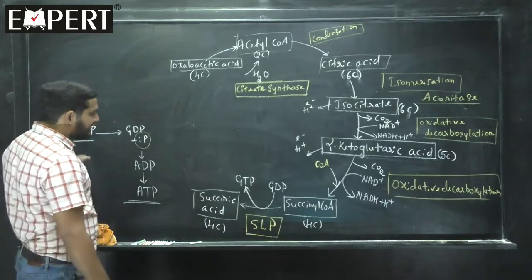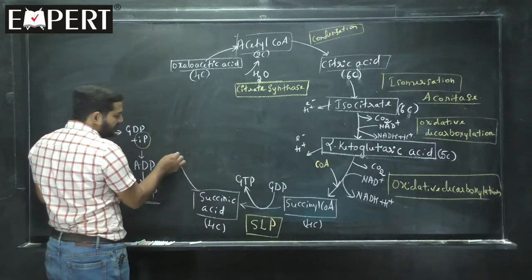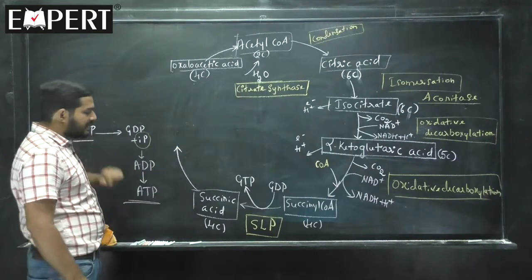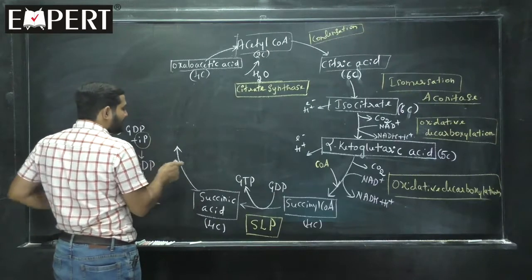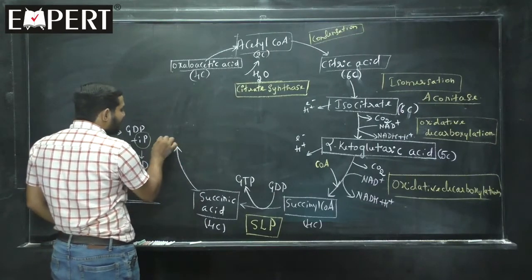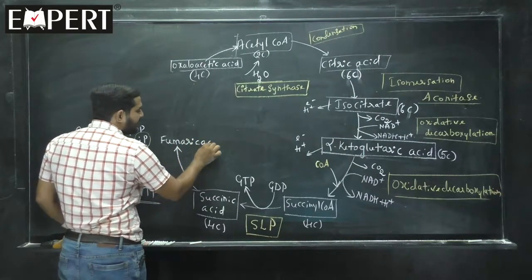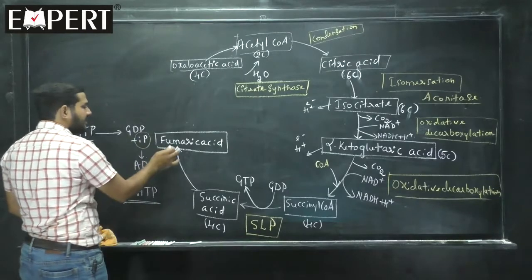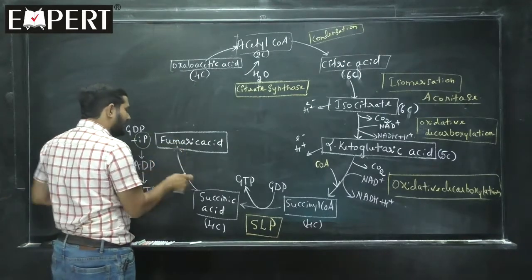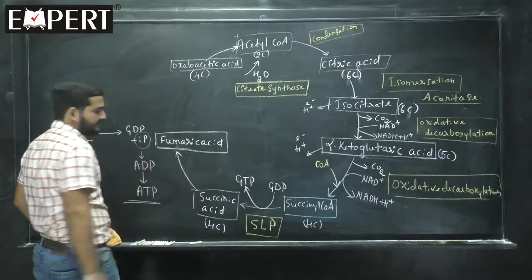Yes, succinic acid. The succinic acid undergoes the next important event. Succinic acid is going to become a product called fumaric acid. What kind of event is it? I will tell you. Wait.